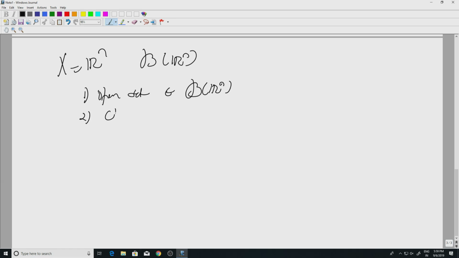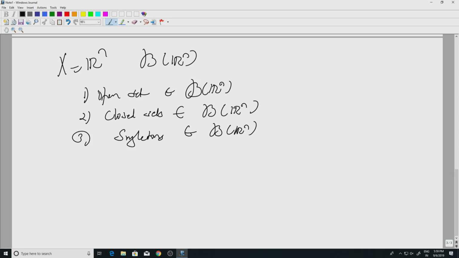Two, closed sets, because closed sets are complements of open sets and a sigma algebra is supposed to be closed under complementation. So, they are also in B of Rn. Three, singletons, for example, would also be in, because singletons are closed. Well, the sets need not be open or closed. Remember it is closed under countable intersections, countable unions and so on.